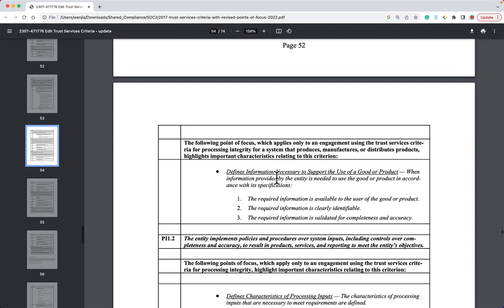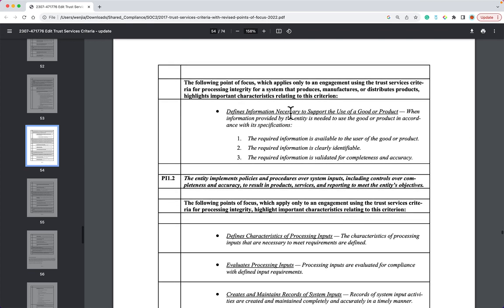Next point: define information necessary to support the use of good or product. When information provided by the entity is needed to use the good or product in accordance with its specifications, the required information is available to the user of the good or the product. The required information is clearly identified.